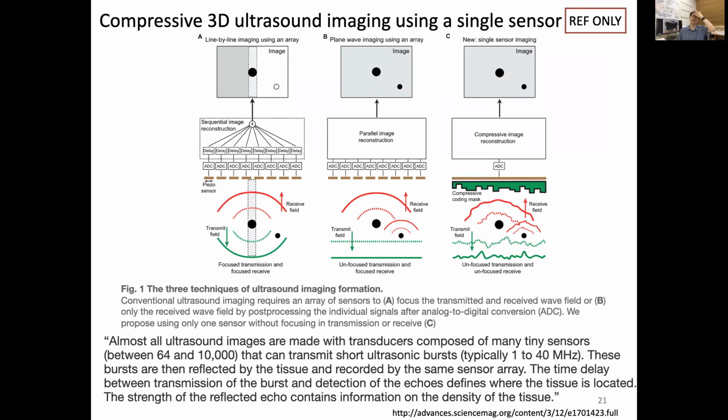And at the last, I want to give you a recent update for 3D ultrasound imaging, even using a single sensor by use of so-called compressed sensing. So let's see, imaging by line. We have multiple transducers and AD converters, and they can be assigned a delay so that we can have line by line imaging using an array.